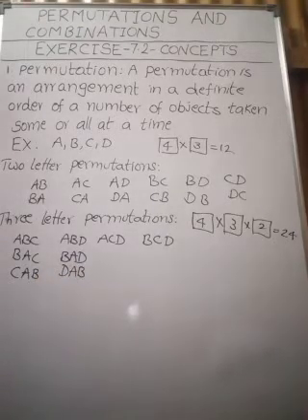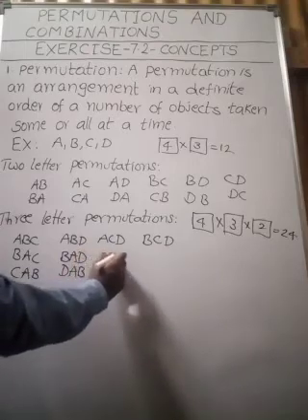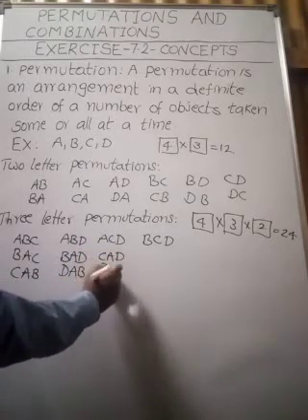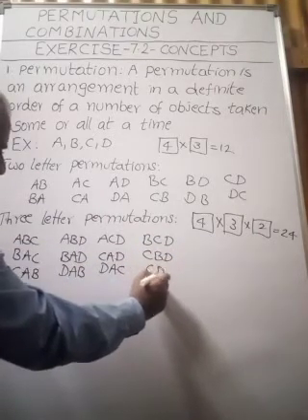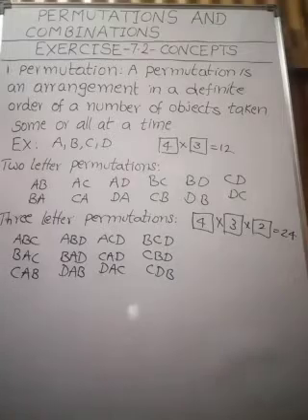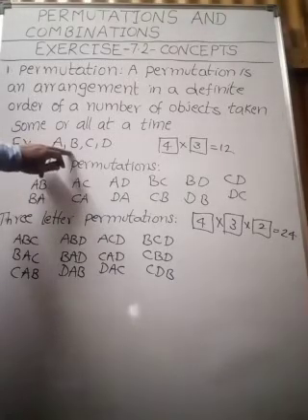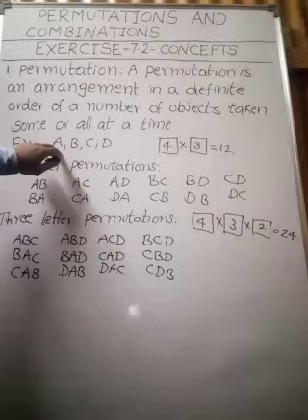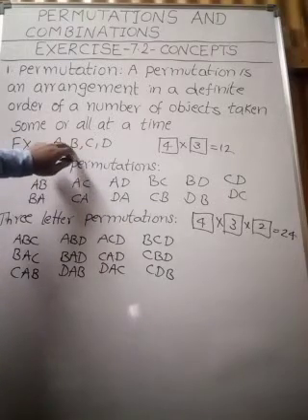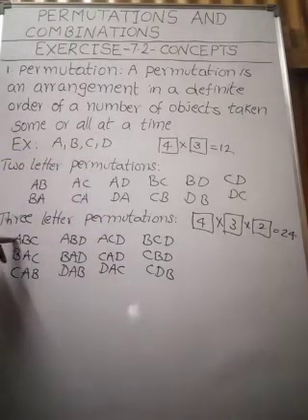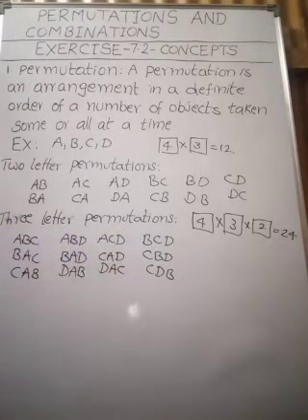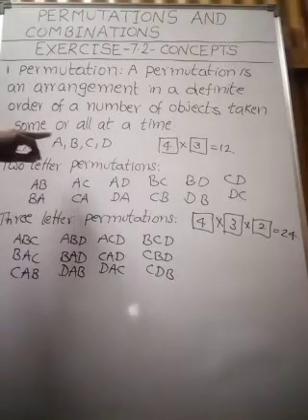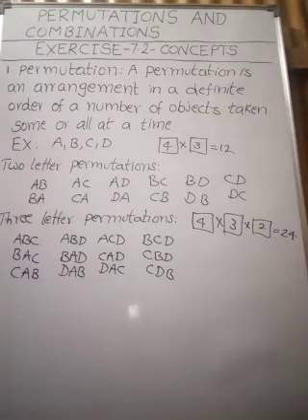Next, CAD, DAC. Next, CBD, CDB. How many did we get? 1, 2, 3, 4, 5, 6, 7, 8, 9, 10, 11, 12. We have to get 24.